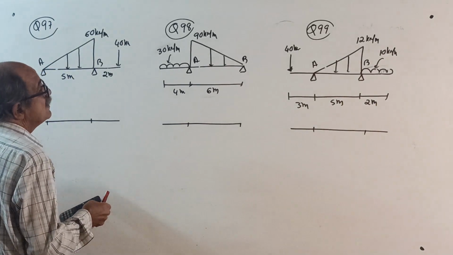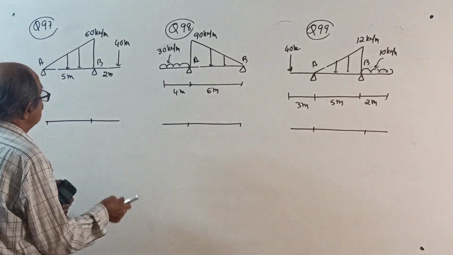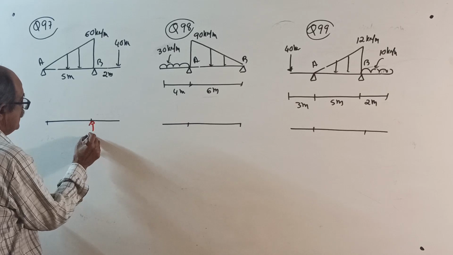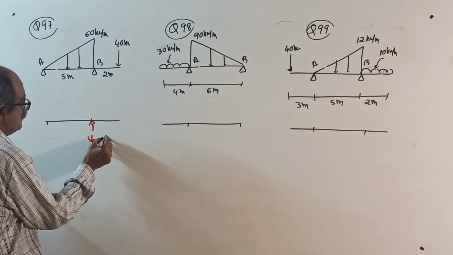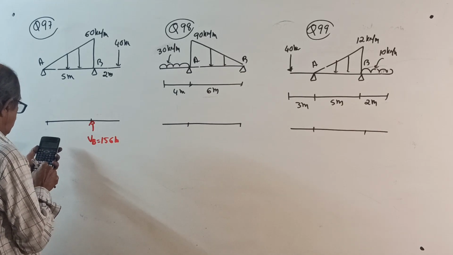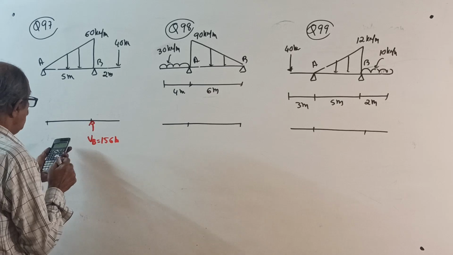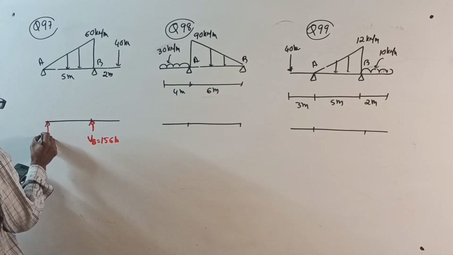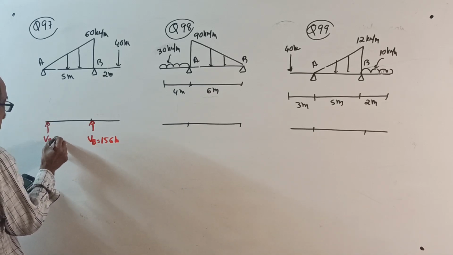This reaction is VB, 156 kilonewton. VA is minus 30 into 5 minus 40, 34 kilonewton VA. But I'll check the answer.